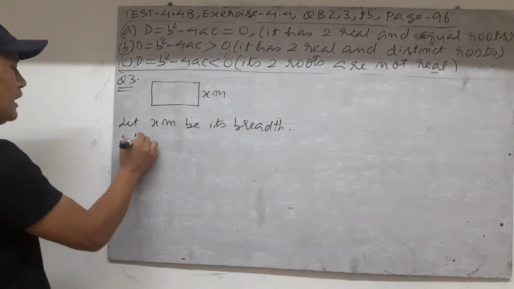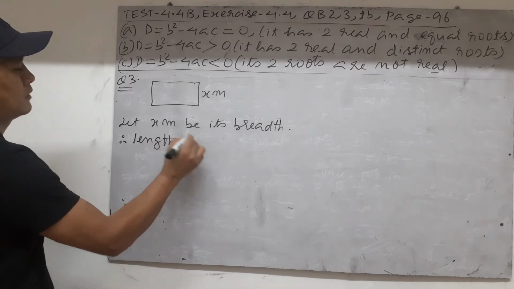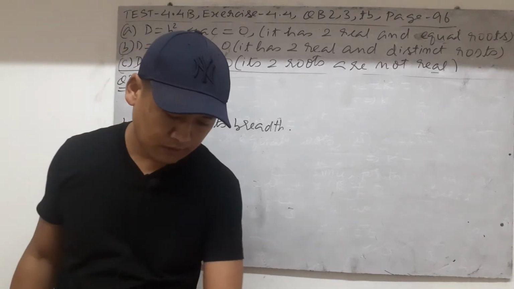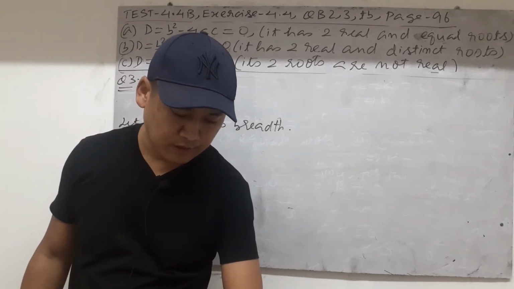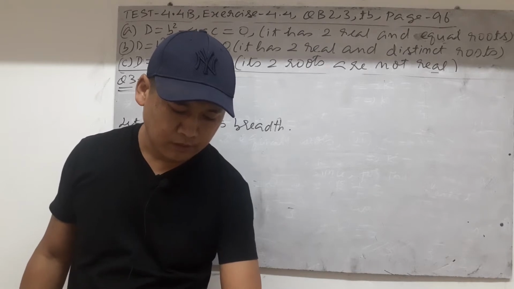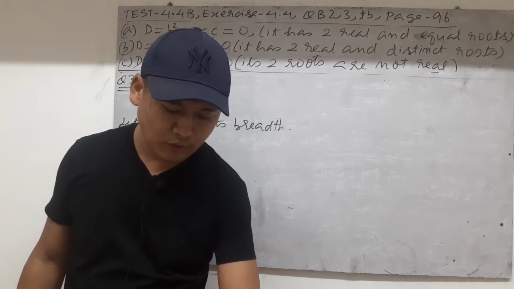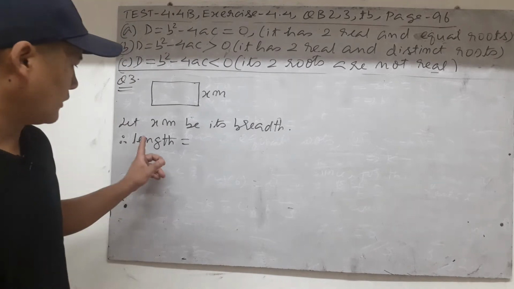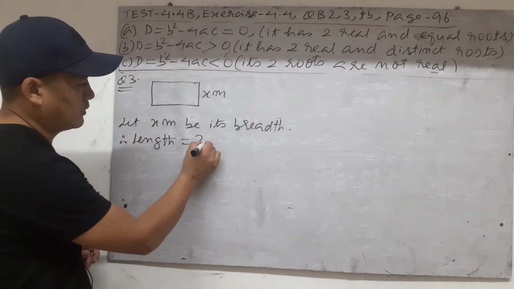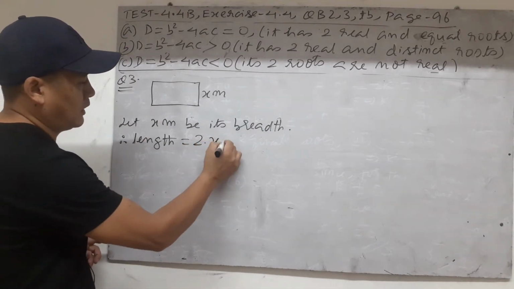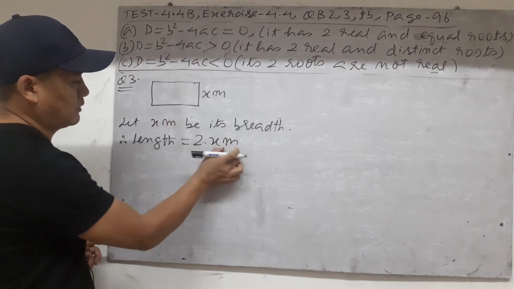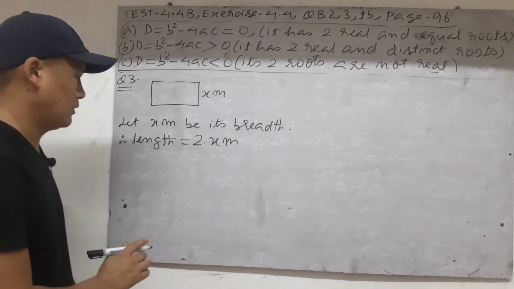Therefore, its length, looking at your question, is given in the question: is it possible to design a rectangular mango grove whose length is twice its breadth? Twice means 2 into its breadth, which is x meter. 2 times the breadth, which is 2x meter.